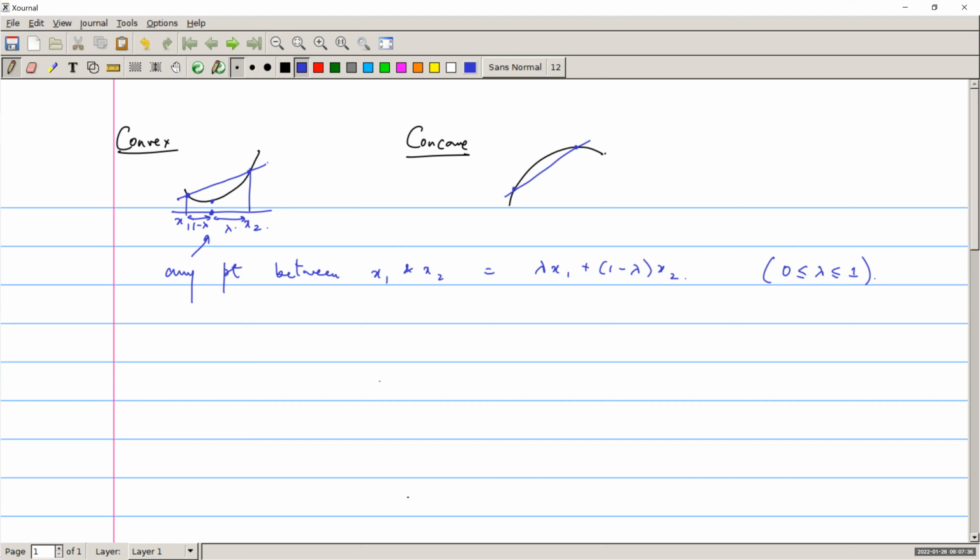Let's say that this point between x1 and x2 that we have chosen is x star. In a convex function, the value of the function at any point between x1 and x2 is less than the interpolated value of the function. So the value of the function is less than the linear interpolation of the values.